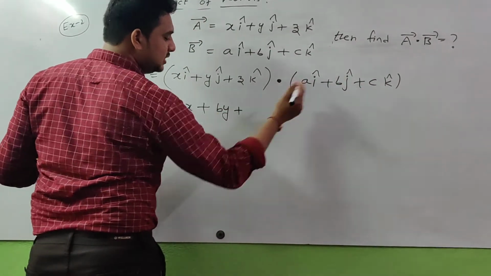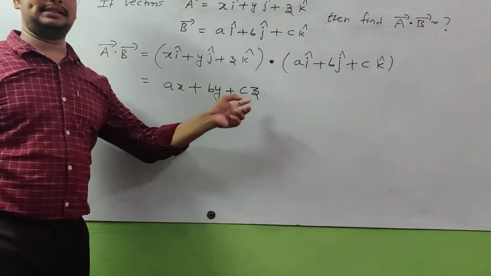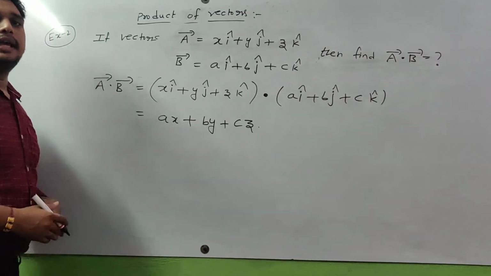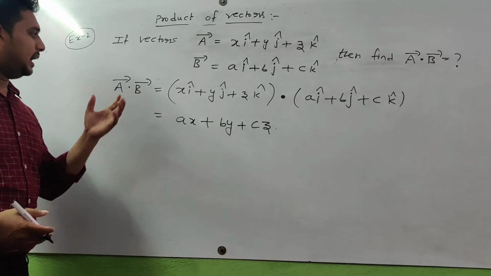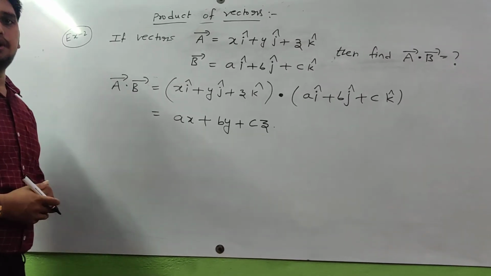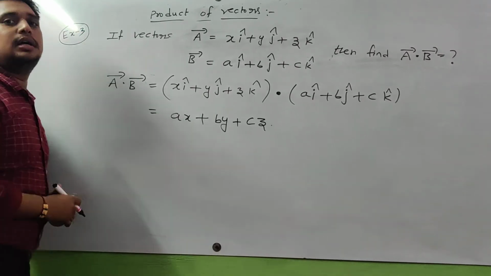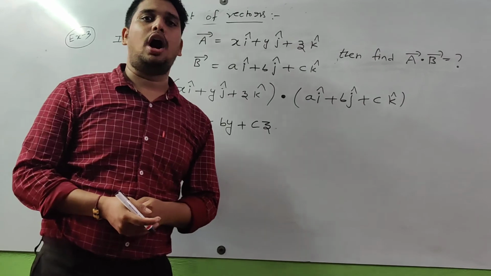Multiply these two, then what we got is cz. ax plus by plus cz is the answer for this a bar dot b bar. So this is example number 3 based upon scalar product or dot product of vectors.